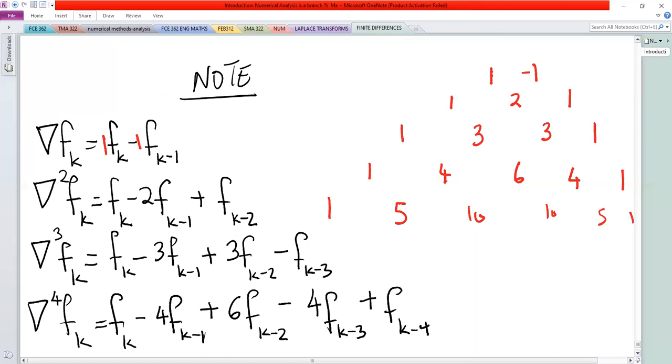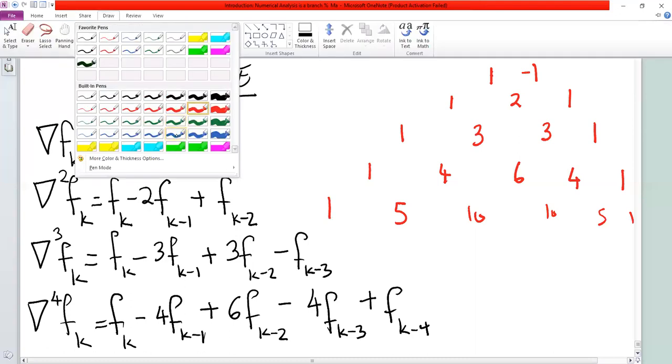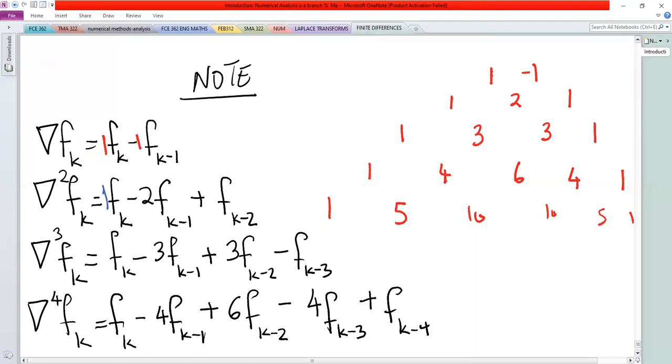And then the second difference, we are getting the coefficients 1, minus 2, 1. And then here we have 1, minus 3, 3, minus 1. So 1, then the sign changes to minus, and then plus 3, and then minus.